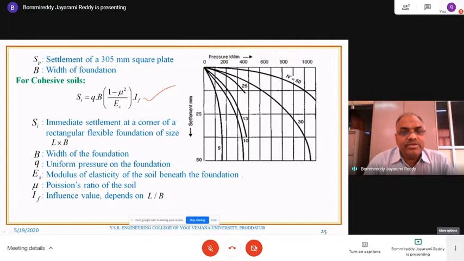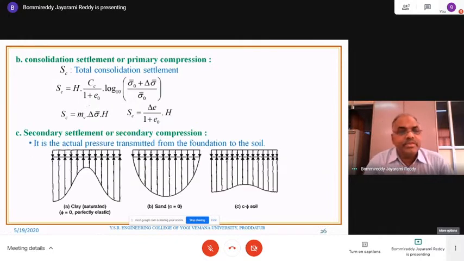In the examination, it is only substitution of several values for getting the immediate settlement of the soil. And for consolidation or primary consolidation, already you have seen the SC equation, and there is no difference. Then the last one, secondary settlement or secondary compression.